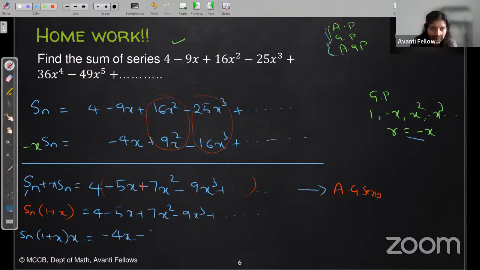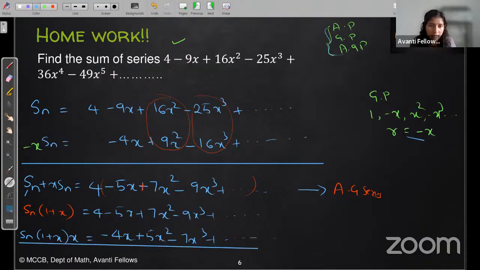It's going to be plus 5x squared, multiplying the third term with the minus x, it's going to be minus 7x cubed plus so on, right? Correct? Now what do we have to do? I'll try to write it here so that we don't pull it to the next page. Now just take a difference of these both. We'll take the difference of these two terms, this and this, right? So it's going to be what?